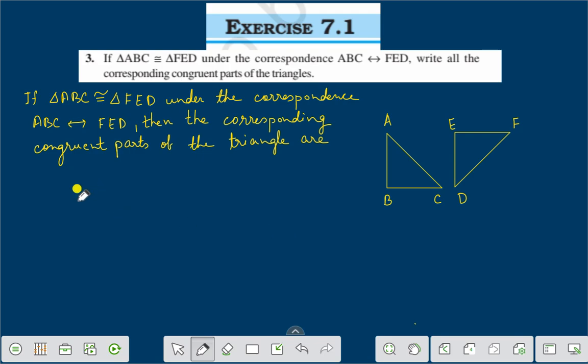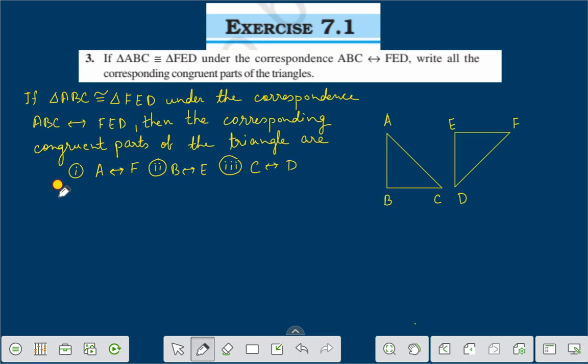Corresponding vertices: number 1, vertex A corresponds to vertex F. Number 2, vertex B corresponds to vertex E. Number 3, vertex C corresponds to vertex D, right? That means all the vertices correspond to one another.